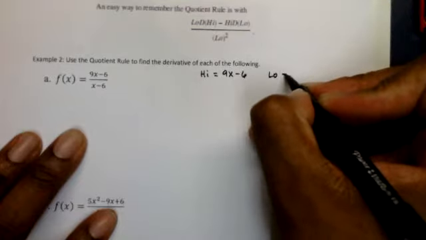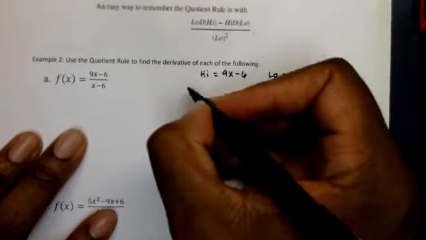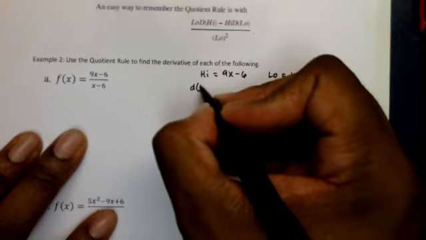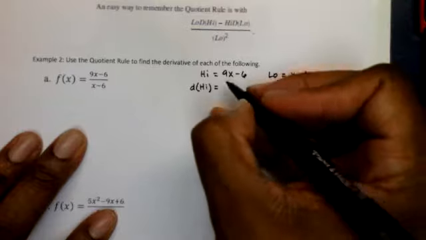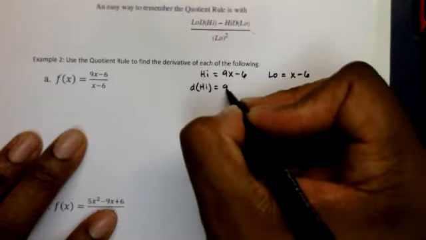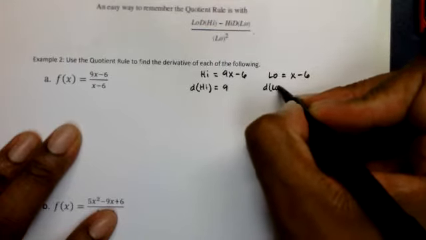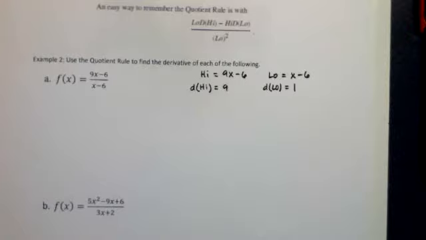The low is your denominator, x minus 6. In this case, if the high is 9x minus 6, then the derivative of the high would be just 9. And the low is x minus 6, so d low, the derivative of the low, is simply going to be 1.